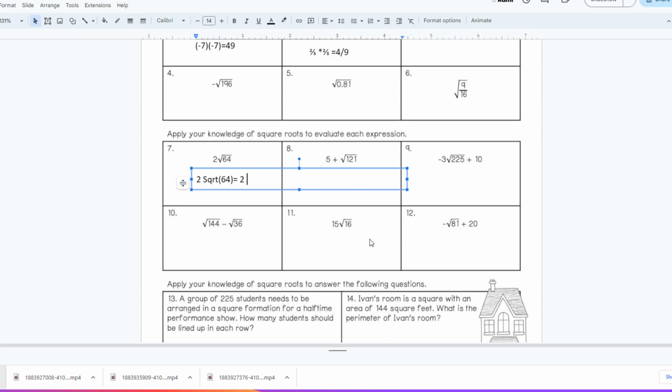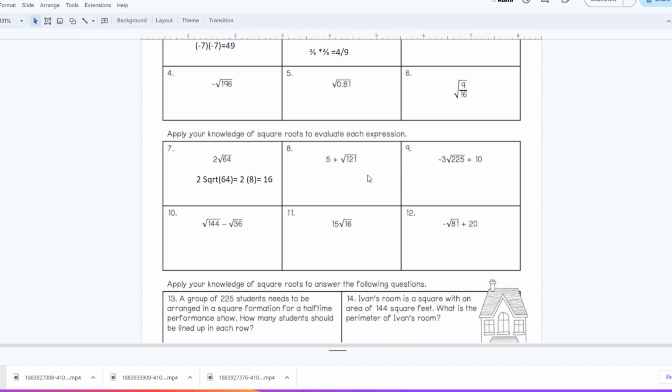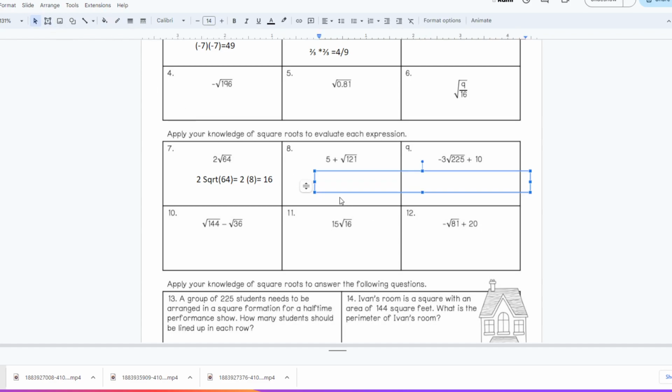And if you look at your square root of 64, you're like, oh, 8 times 8 is 64. So this must be 2 times 8, which is 16. And then we have 5 plus the square root of 121. So we have 5 plus 11, because 11 times 11 is 121, and we get 16. Amazing, it's the same.